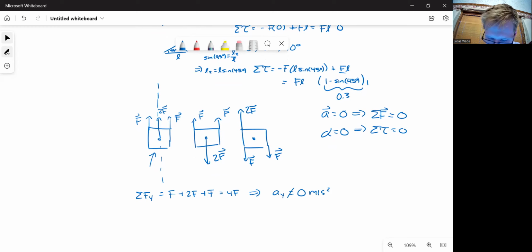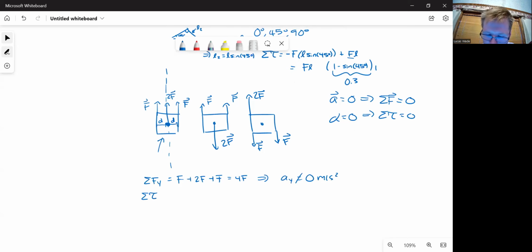What about the torque? Where the axis in this case is through the center of the block. It's a square, so these two pieces are equal, whatever they are, call them D. What is the net torque acting on this block?